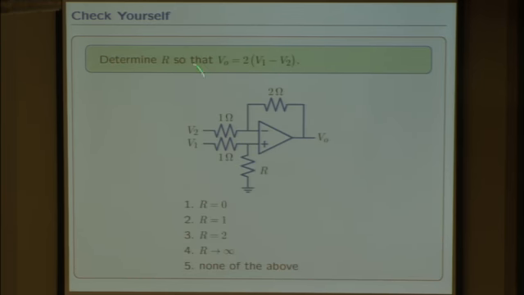OK, another problem. Determine R so that V naught is twice V1 minus V2.